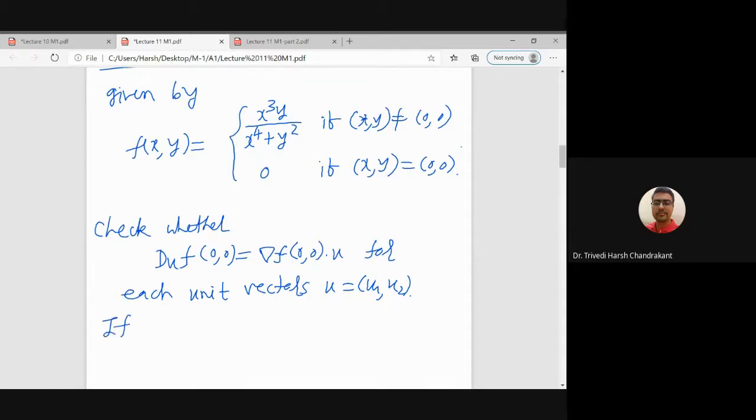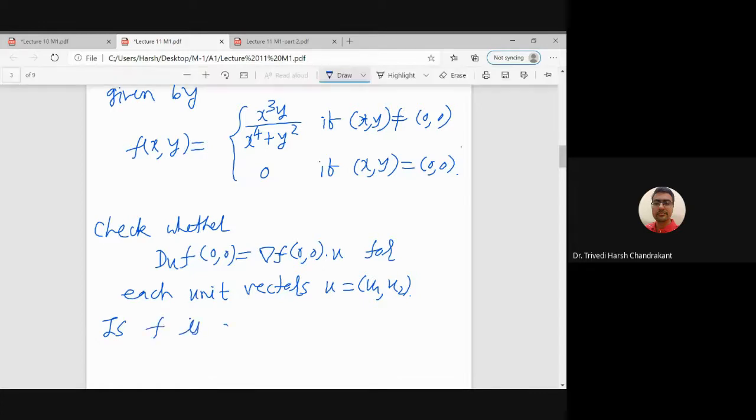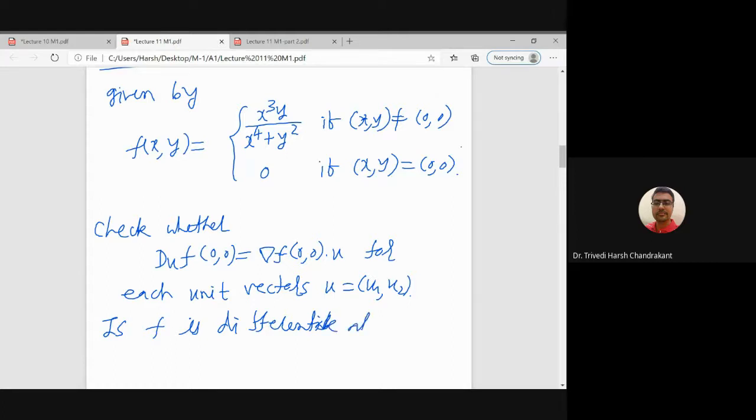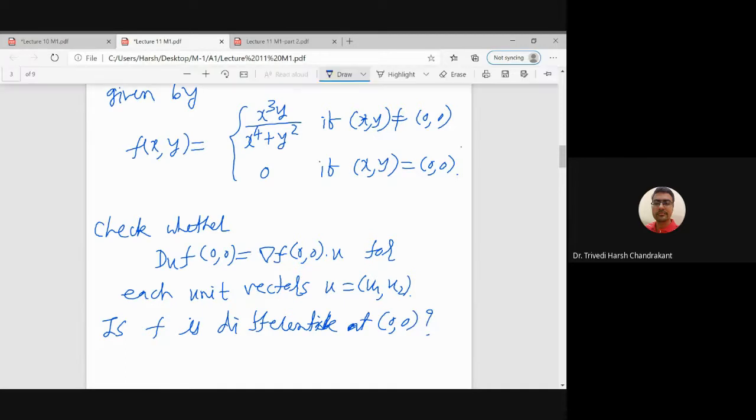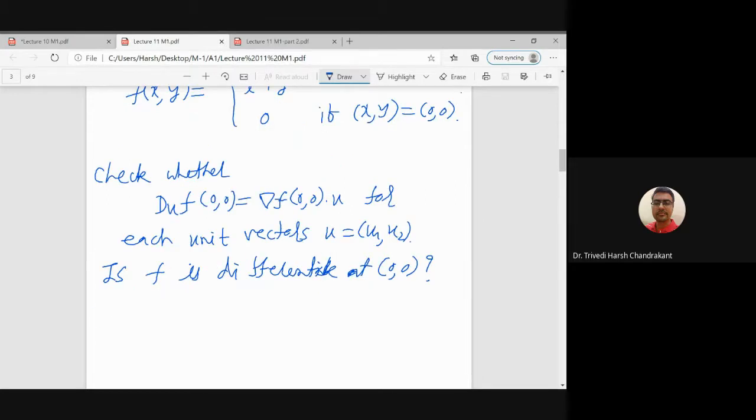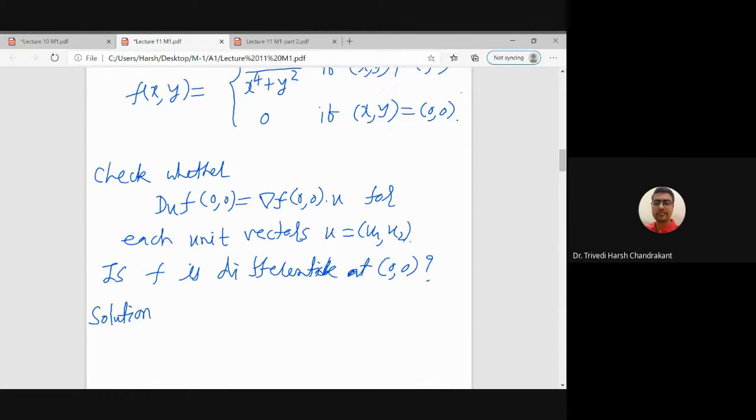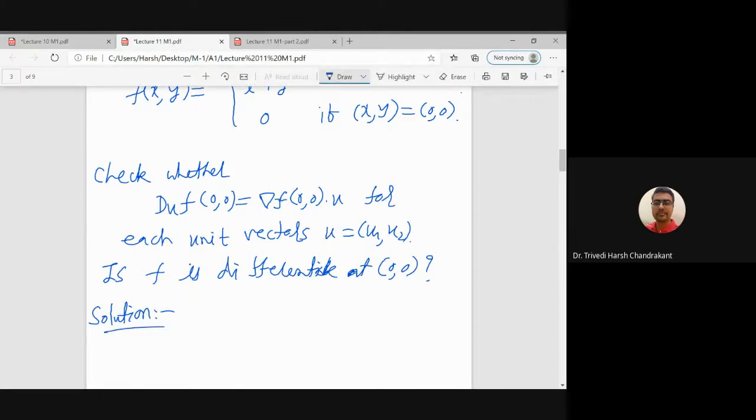And the next question is whether the function is differentiable at the origin. So solution: we need to find the directional derivative at every unit vector, because no specific unit vector is given.